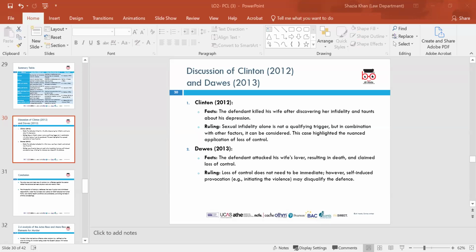This case highlighted the nuanced application of loss of control. In Dawes 2013, the defendant attacked his wife's lover, resulting in death, and claimed loss of control. The ruling is that loss of control does not need to be immediate. However, self-induced provocation may disqualify the defence.